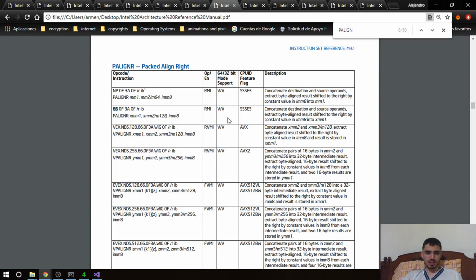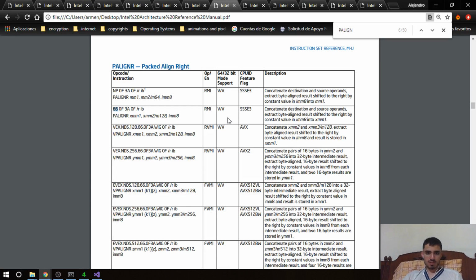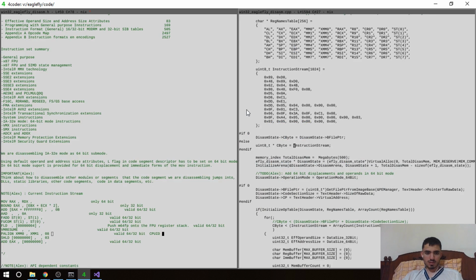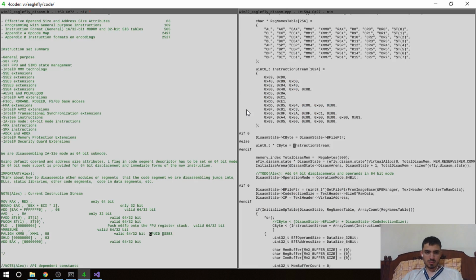I can just copy this. Valid, 64-bit, CPUID. It's an SSSE3. And this has a CPUID SVM.